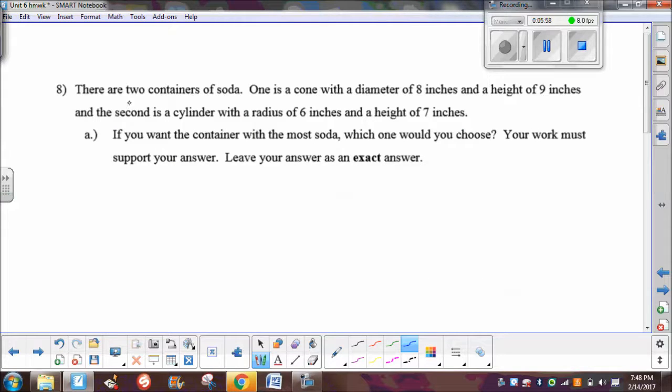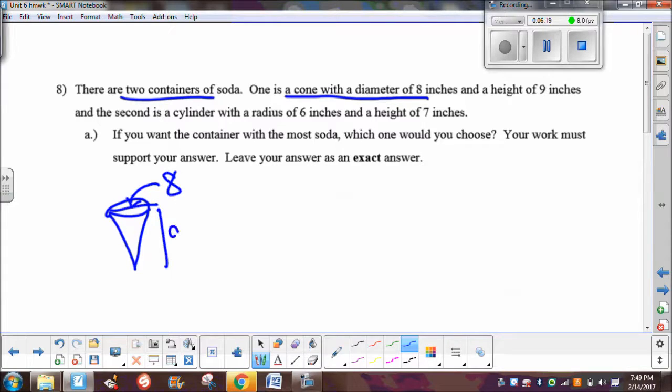So looks like this is the last one. Two containers of soda. One is a cone. I don't know how there's a cone that holds soda, but whatever. I didn't write this question. So we have a cone that holds soda, and the diameter is 8, and the height is 9. And a second is a cylinder.